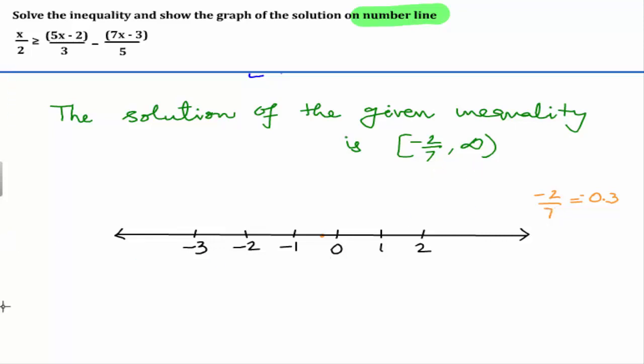So therefore all the values will be towards this side. And since it is greater than or equal to, therefore here we get a closed circle, because −2/7 is also included in the solution.